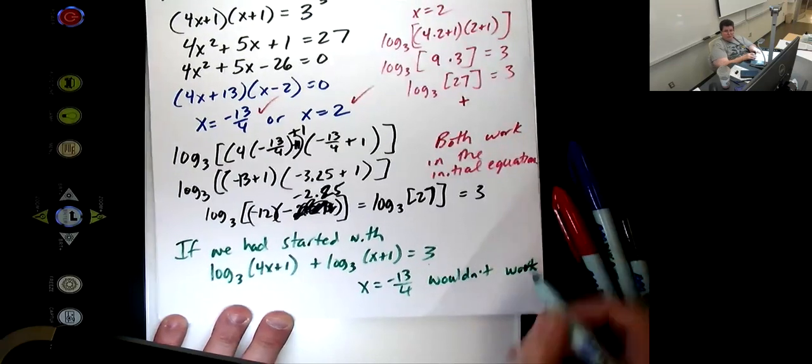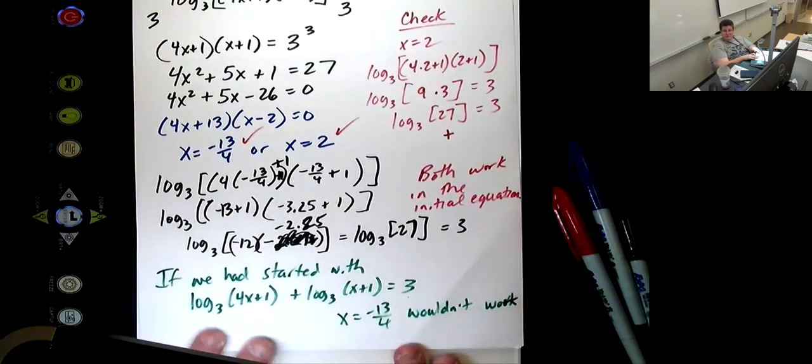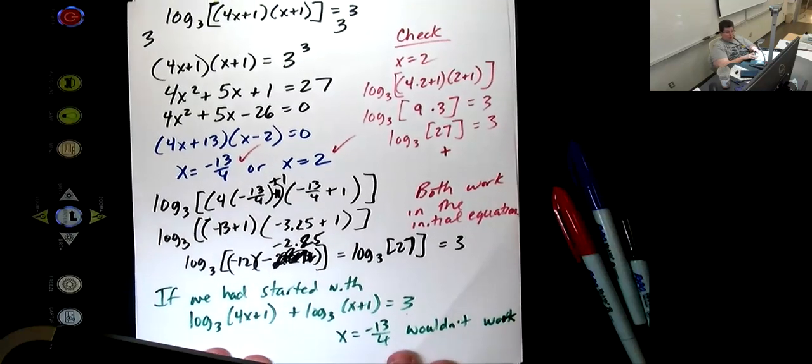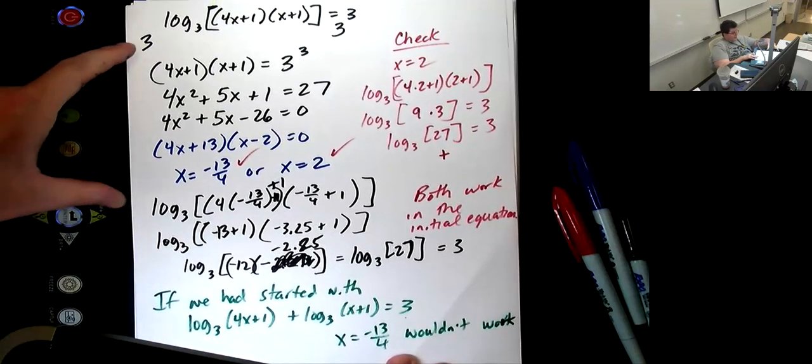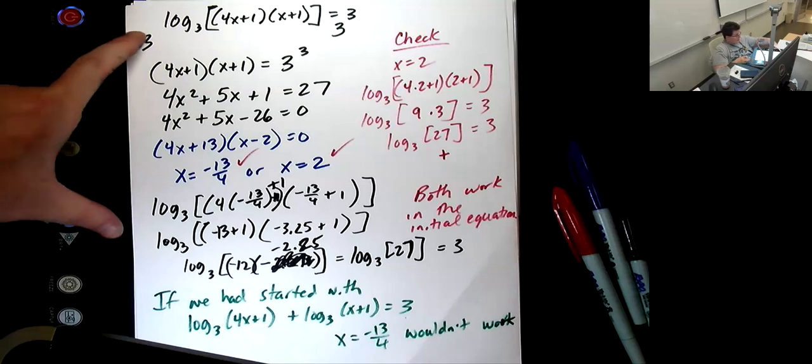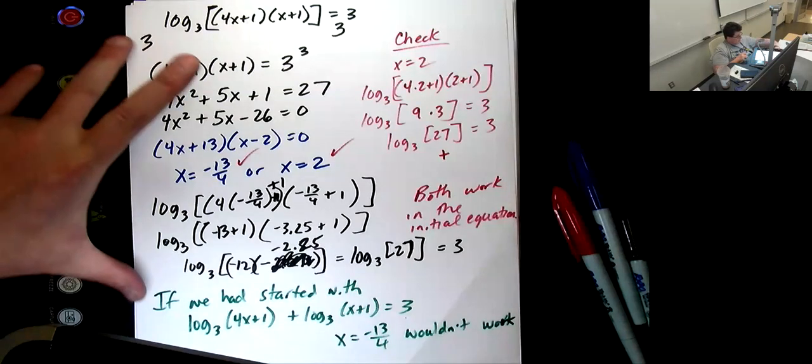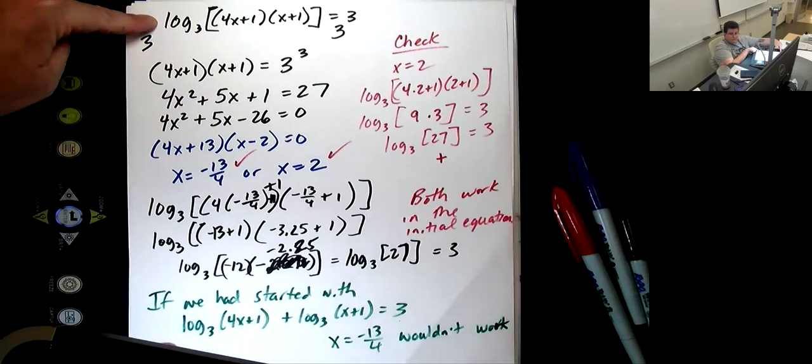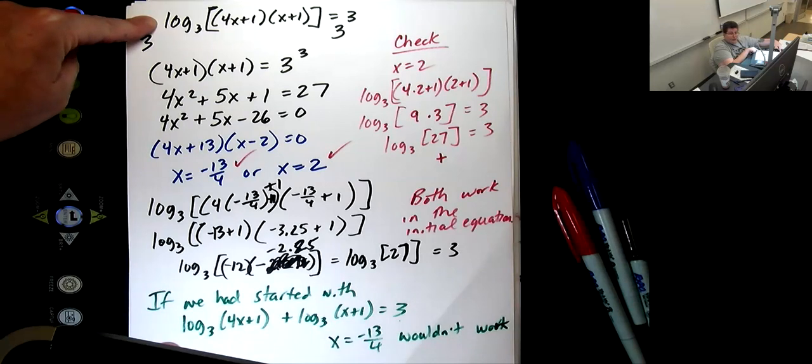It's all about the way the problem comes. And our rules of logarithms say that these two are equivalent, but the rules of logarithms only apply if each individual thing is greater than 0.